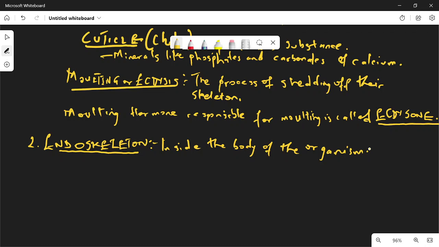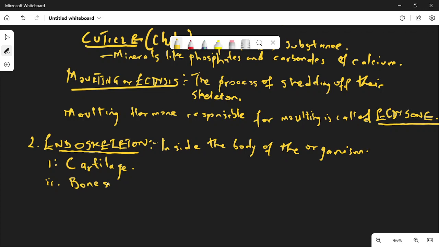This endoskeleton is made up of two components. The first one that we'll be talking about is the cartilage, and the second one is going to be the bones.